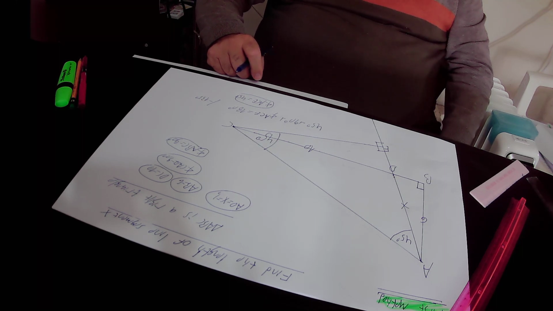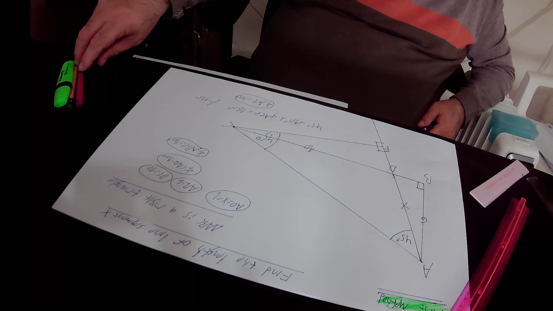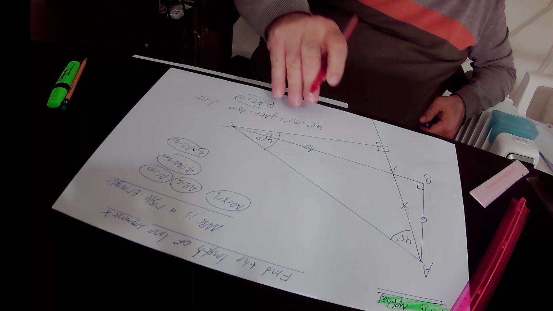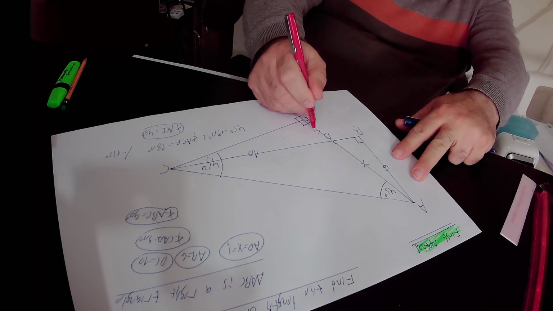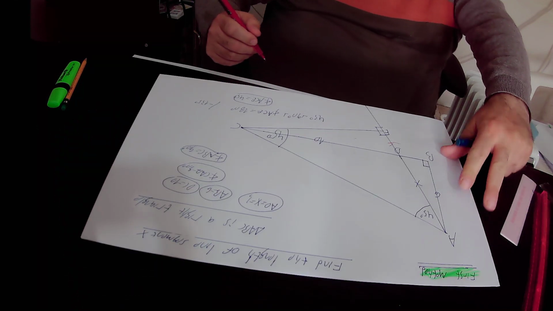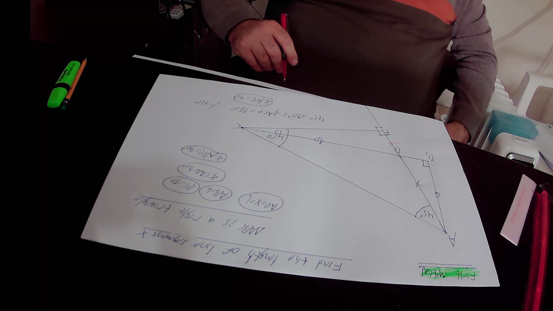We will define side DE as Y. We have the rule that in front of equal angles inside the triangle, there are equal sides.